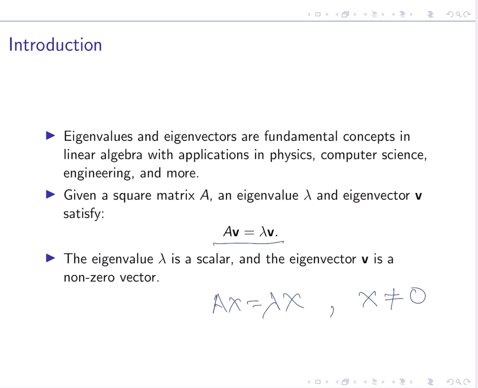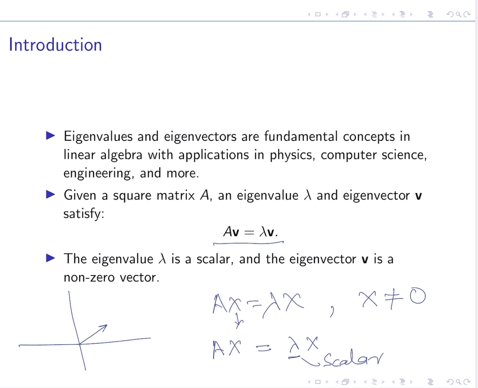Right? And assume that you are working in R2 and you have some vector. Let's say this is your x vector. If I multiply x and I get lambda times x, what does it mean? Lambda is a scalar.